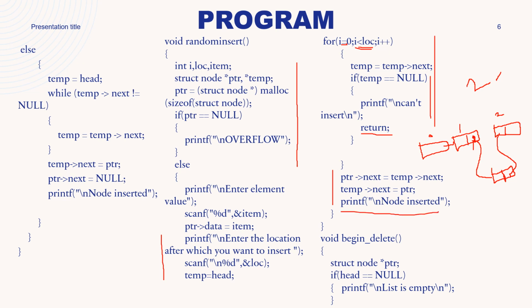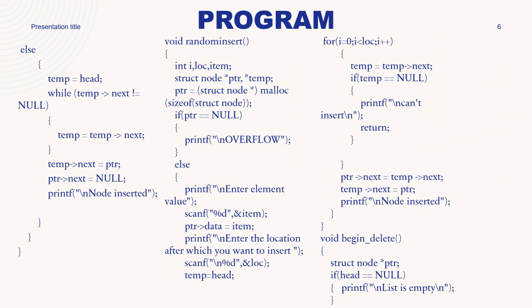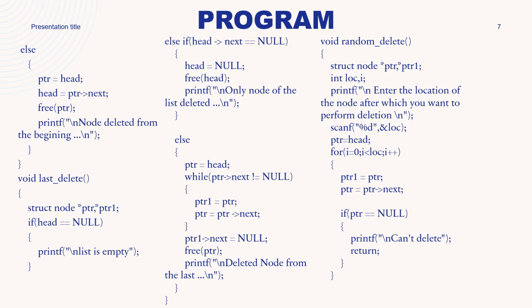Okay, now let's see the begin delete. To delete a node from the beginning, we just need to shift our head pointer ahead. Suppose this is the existing data and this is the head of that particular list.